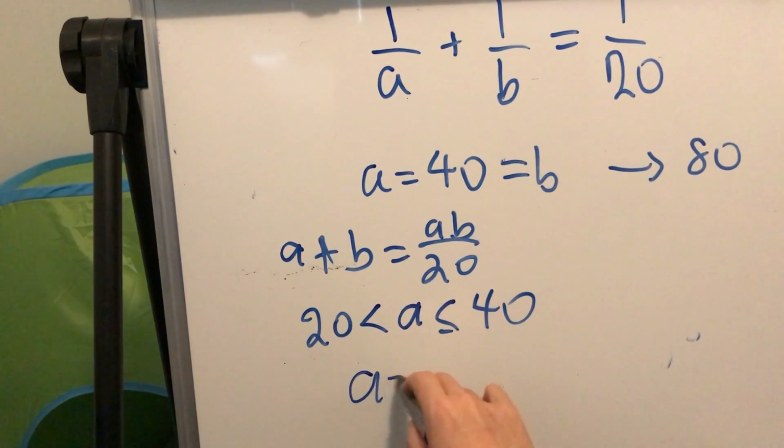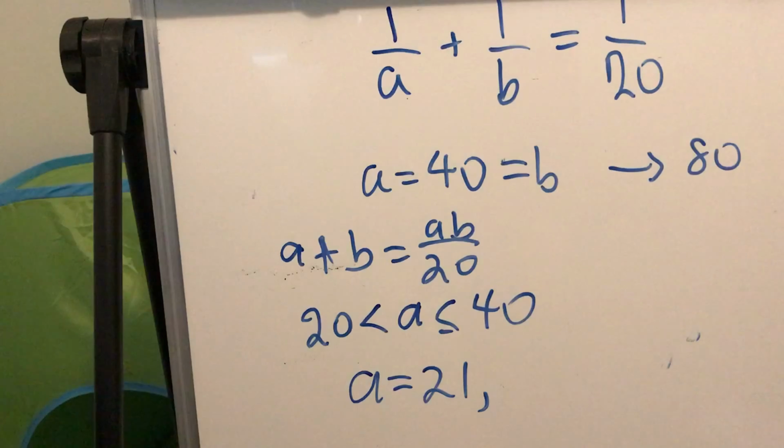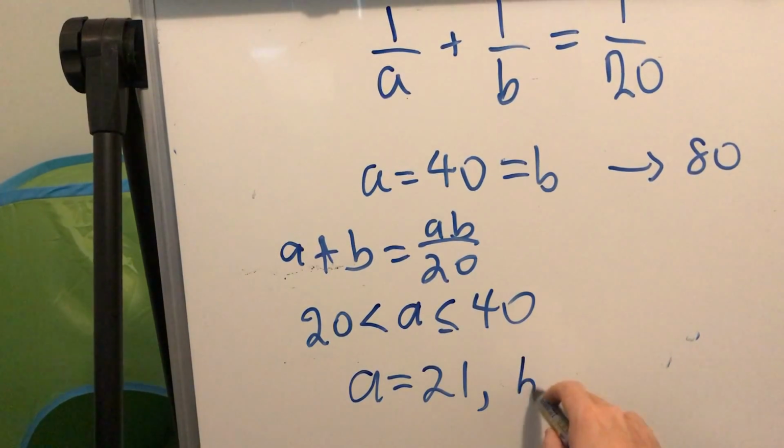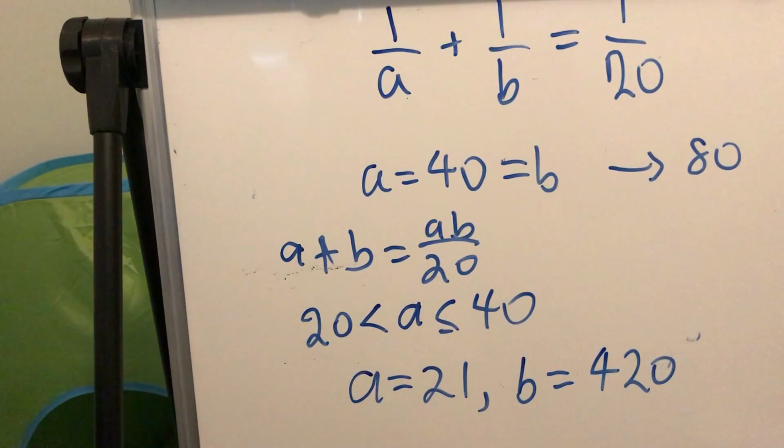So if you try a equals 21, say, you'll get b equals 420. And so the sum will be 441, and that's going to be a good guess for the right answer if you didn't have any extra time to make sure of it.